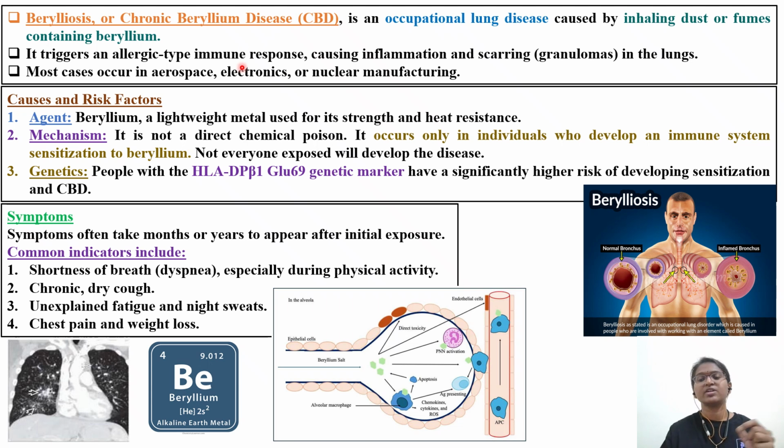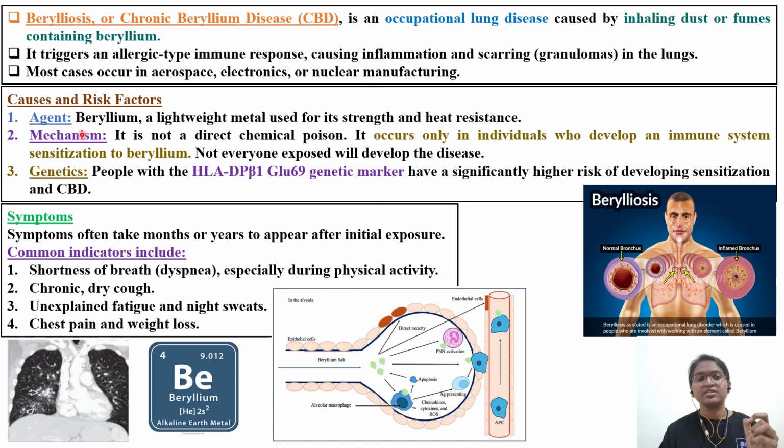Again, this triggers your immune response, causing inflammation and scarring, that is granulomas in the lungs. Most cases occur in aerospace, electronics and nuclear manufacturing. These are the exposure areas and working conditions where workers might get exposed to beryllium.